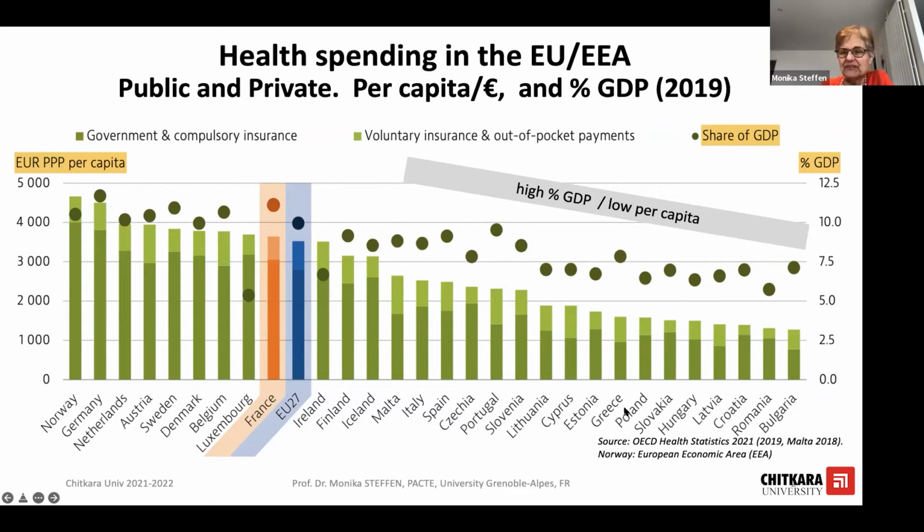And then Greece, even bigger. And the rest are Eastern countries. So what unites France, Portugal, Spain, Italy, and Greece? They had enormous public debts. And that is what puts the economy down. And this is what you can read in these figures. So they have a healthcare system which is just too expensive for their economy. It costs them a lot of money because they are not so productive, or they pay a lot of money to pay back their debts.